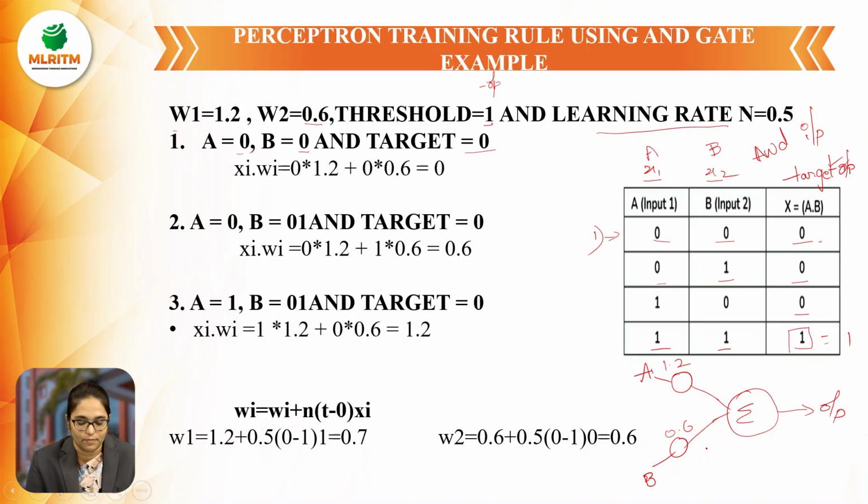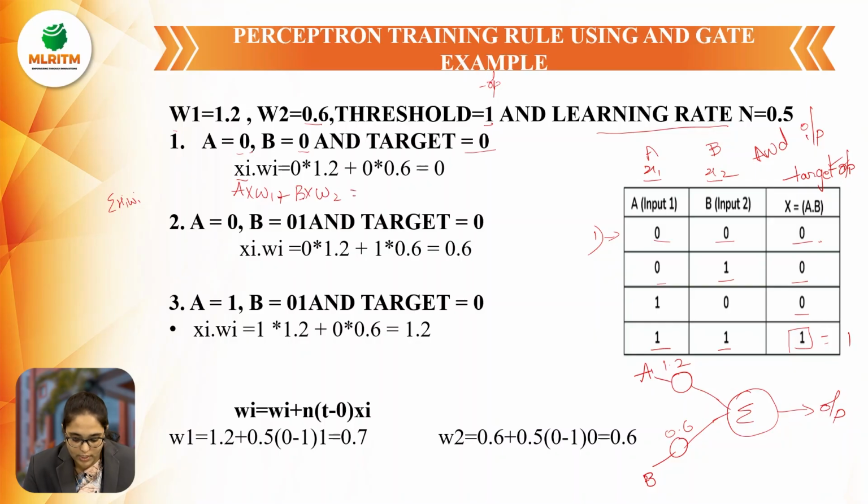Now we are calculating the summation function. What is the summation function formula? That is the summation of xi wi, which is a into w1 plus b into w2.